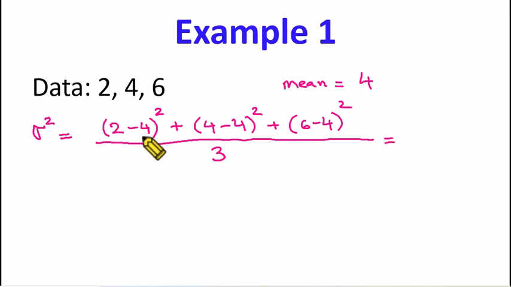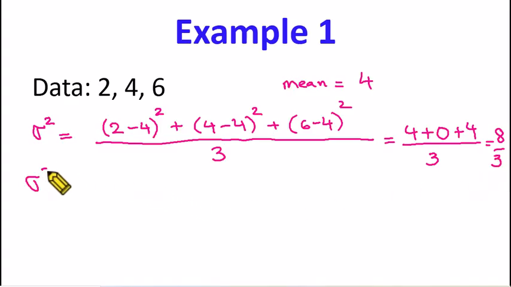All right, so we have 2 minus 4, which is negative 2 to the second power, which is 4, plus 0 squared, which is 0, plus 2 squared, which is 4, divided by 3, which is 8 over 3.